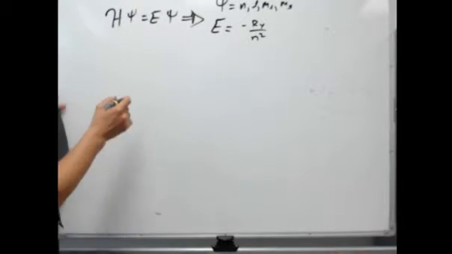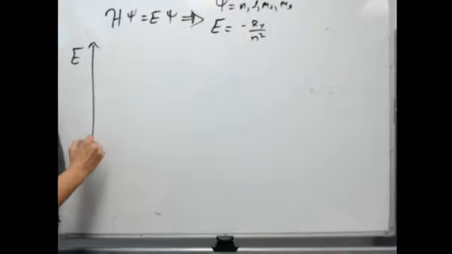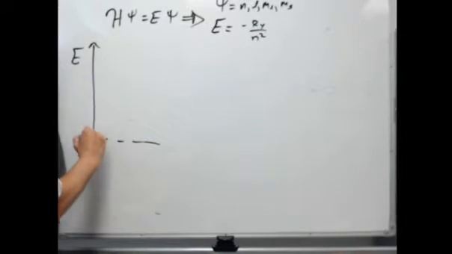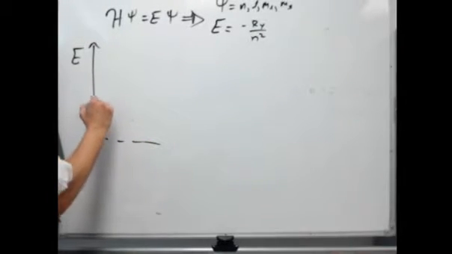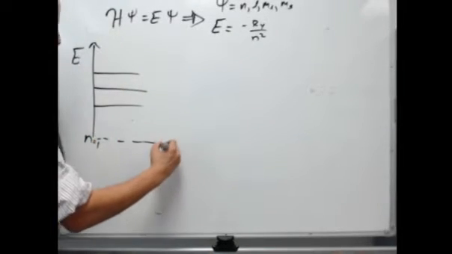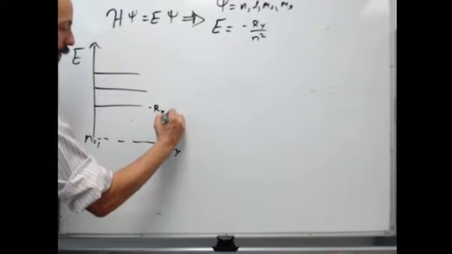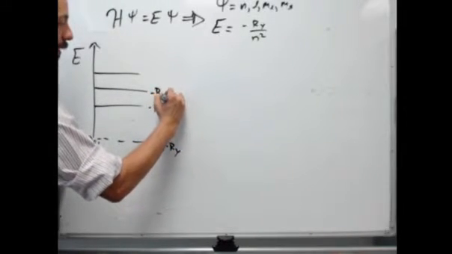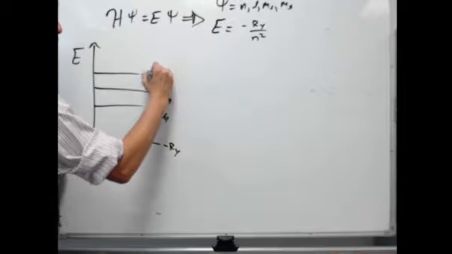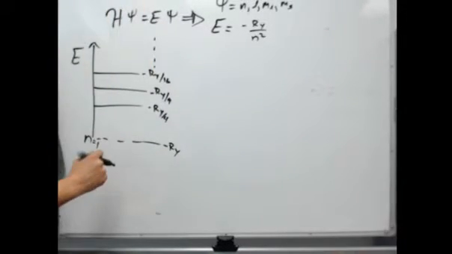And then I can start to look at these different energy levels, again for hydrogen. I can look at n equals 1, n equals 2, n equals 3, n equals 4. This is going to be negative Rydberg, negative Rydberg over 4, negative Rydberg over 9, negative Rydberg over 16, and so forth, going up forever, right?